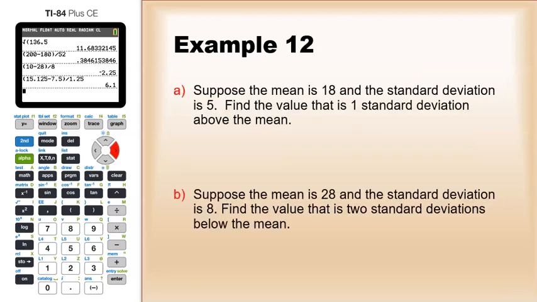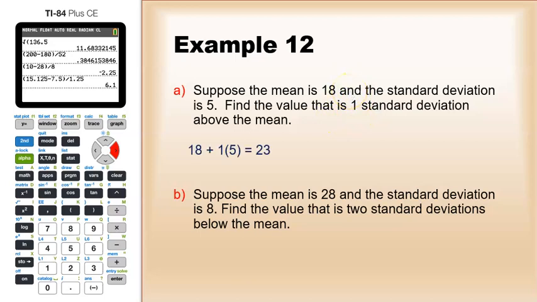All right. Finally, suppose the mean is 18 and the standard deviation is 5. Find the value that is one standard deviation above the mean. We can start with the formula. We know the mean is 18 and the standard deviation is 5. We don't know the value, but we know the z-score is 1.